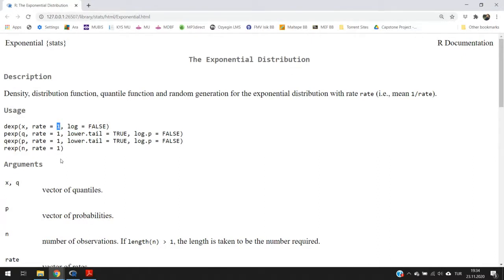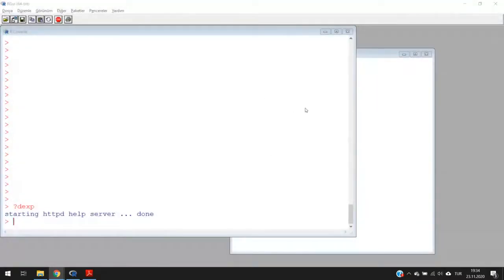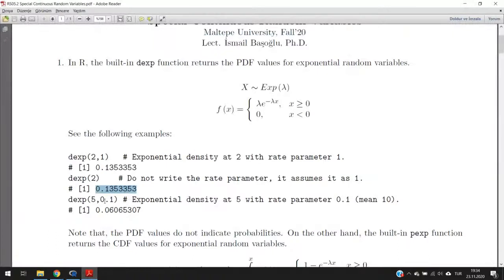So even if you do not write anything for the second argument or for the rate parameter, it will be assumed as 1. However, if the rate parameter is something else, if it takes a different value, in that case you need to introduce that rate parameter. For example, if I am interested in calculating the probability density function with rate parameter 0.1 and probability density function at 5, this means dexp of 5 with rate parameter equal to 0.1.